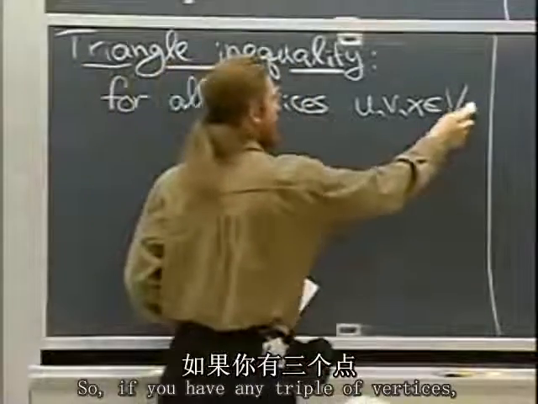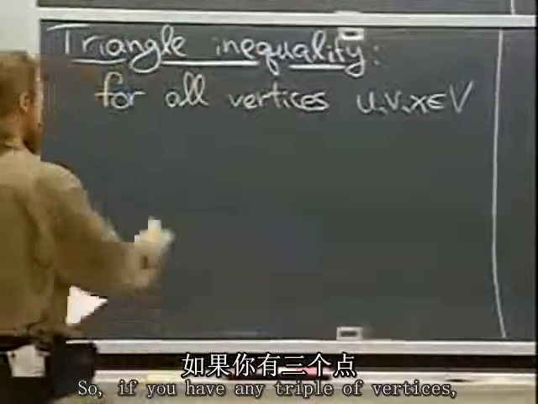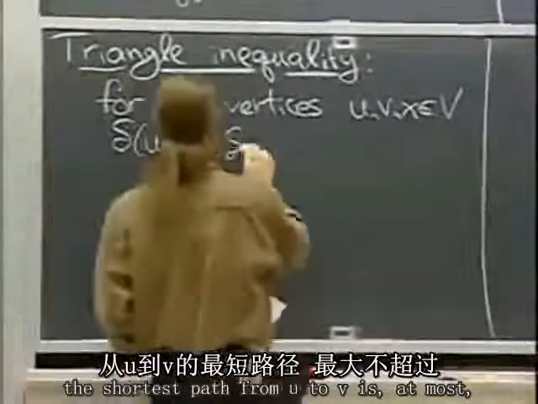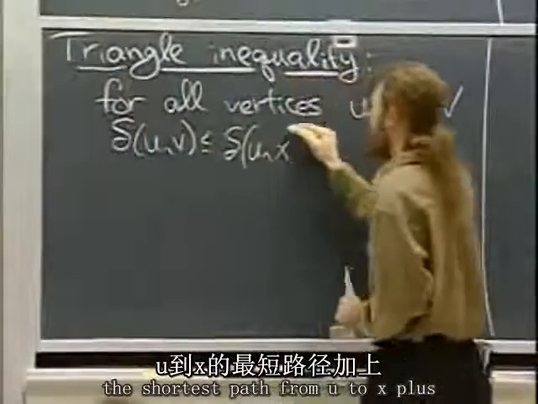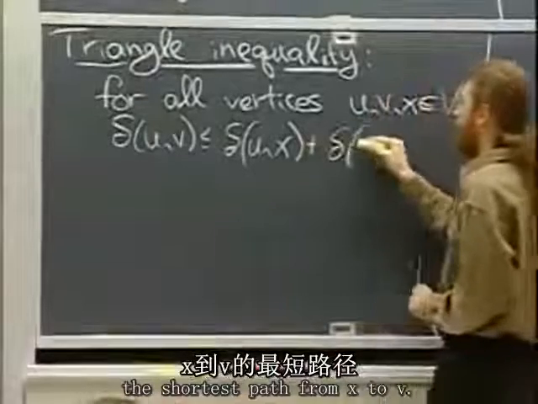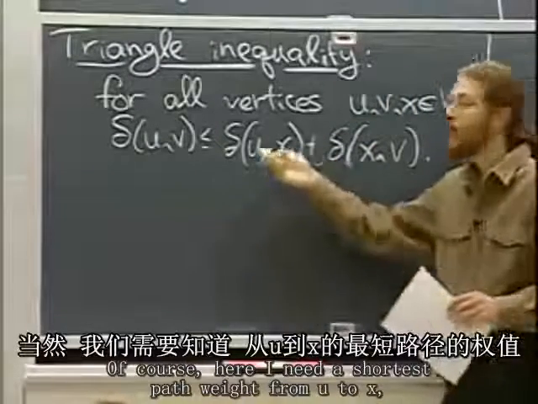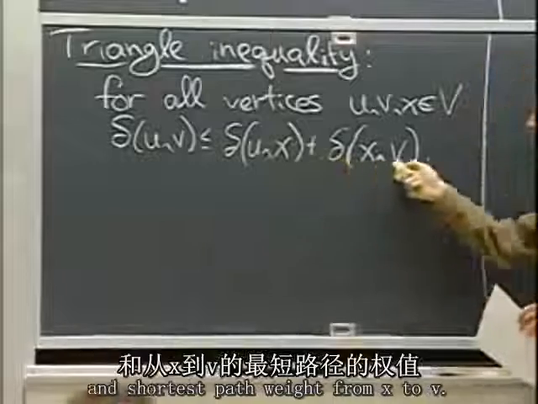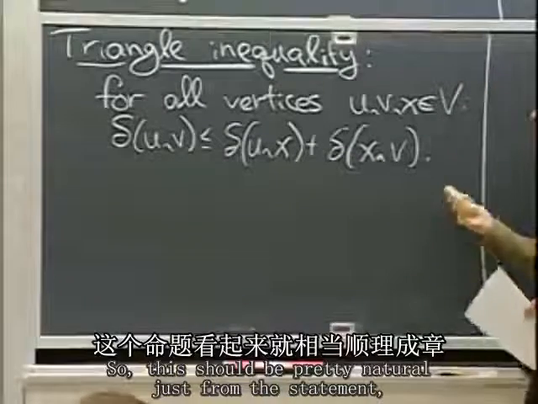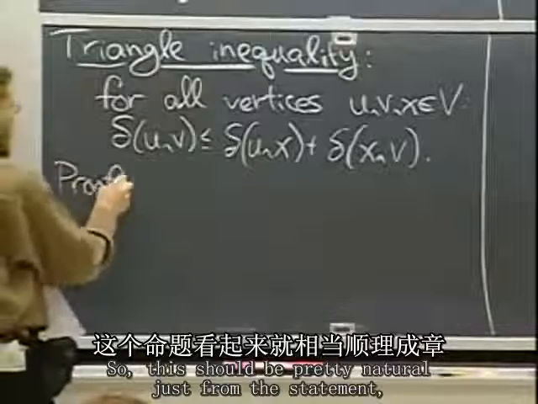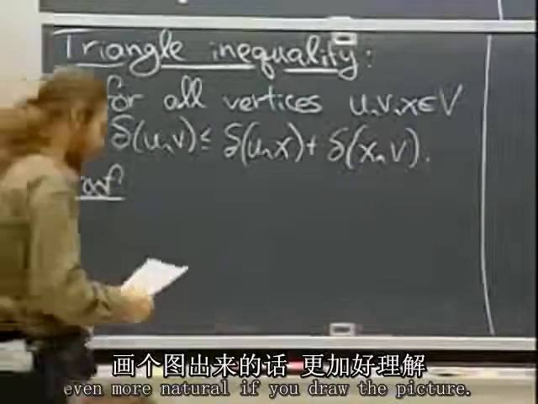If you have any triple of vertices, the shortest path from u to v is at most the shortest path from u to x plus the shortest path from x to v. Of course, here I mean shortest path weight from u to x and the shortest path weight from x to v. This should be pretty natural just from the statement. It's even more natural if you draw the picture.